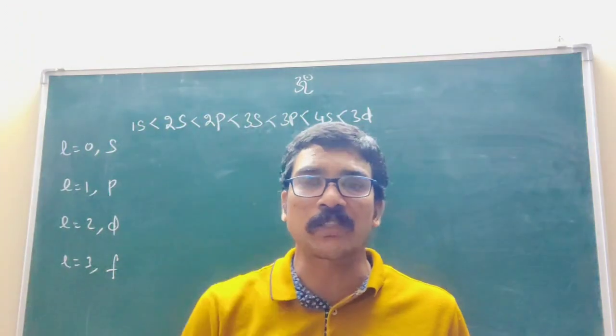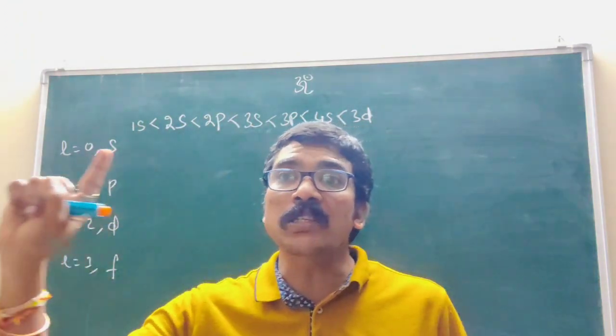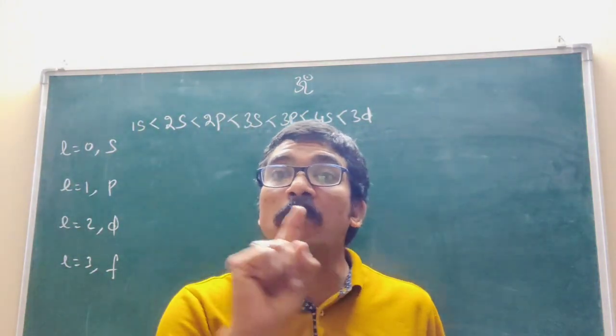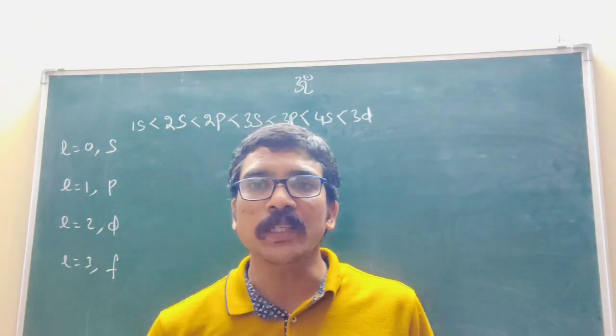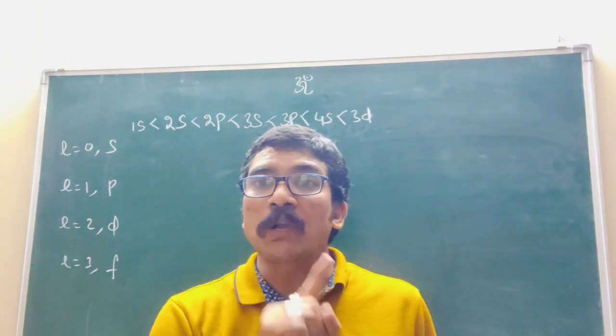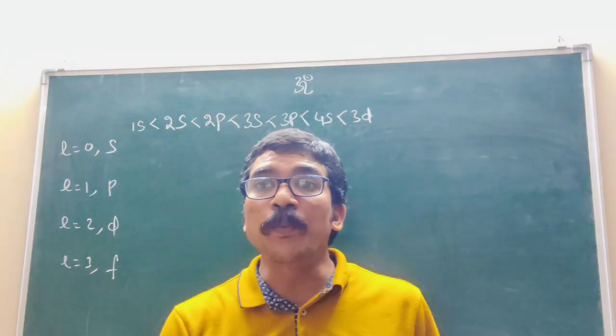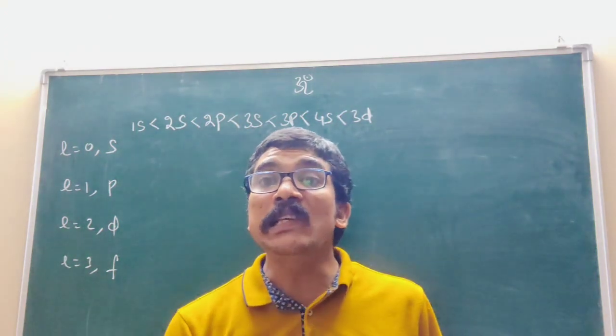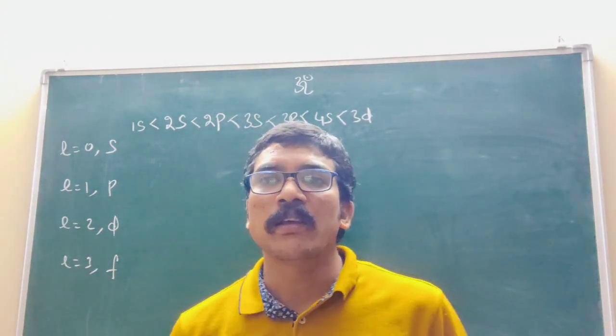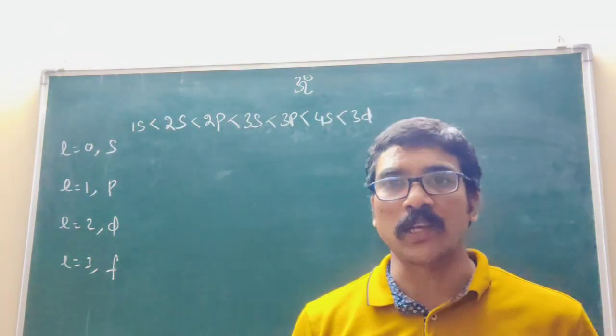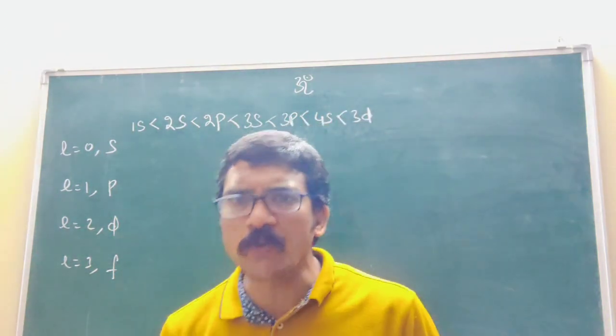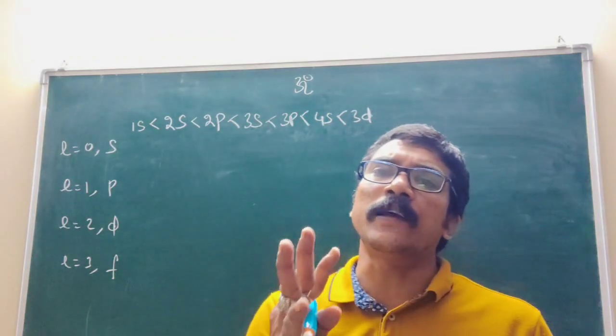Hydrogen, last shell 1s1. Lithium, 2s1. Sodium, 3s1. Potassium, 4s1. Rubidium, 5s1. Cesium, 6s1. Francium, 7s1. That means there is no exceptional configuration in the 1A group.